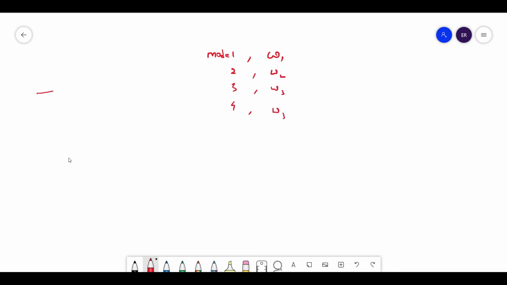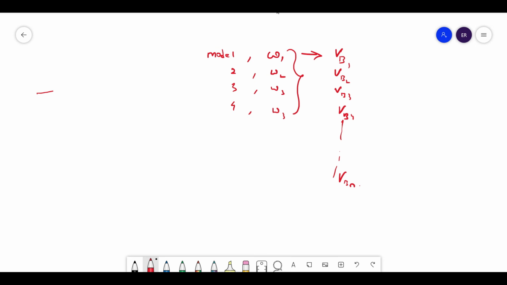Based on these frequencies you will have some response. With respect to these frequencies, you will get some base shears VB1, VB2, VB3, VB4, and it keeps going on till VBN. Each mode will have a different base shear.